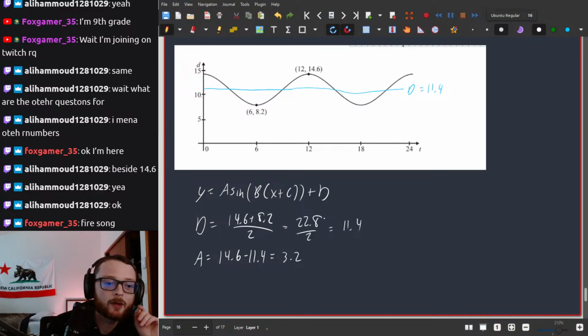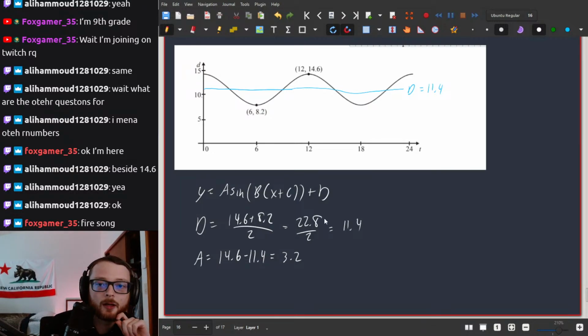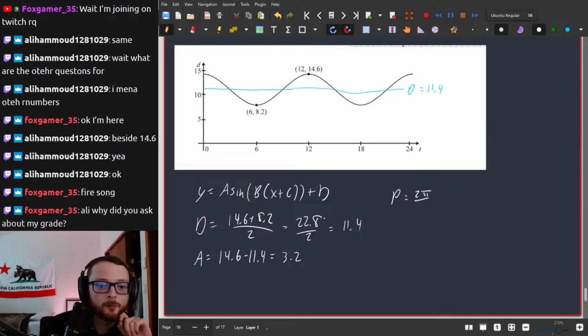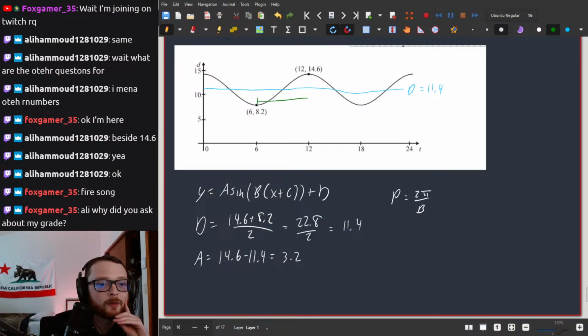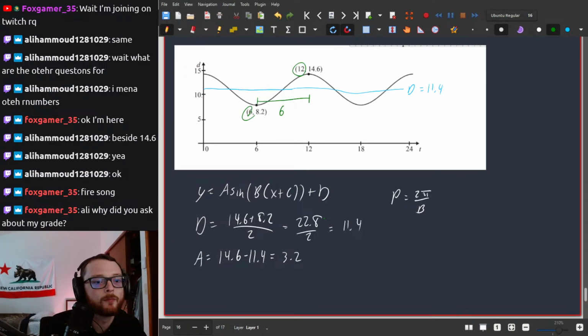Okay, so for B, like you said before, the period is equal to 2 pi over B. We know the distance from this valley to this peak is 6 because I'm doing 12 minus 6. But for the period, we need it to be the same type of point, like trough to trough or peak to peak.